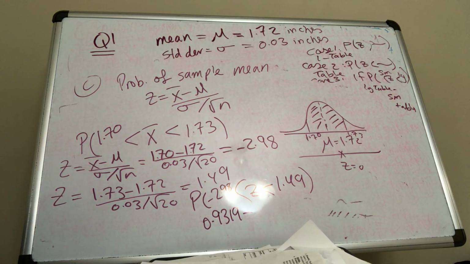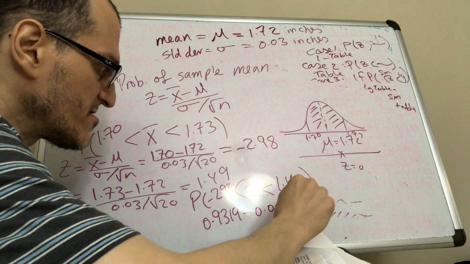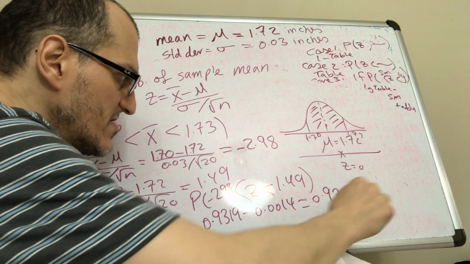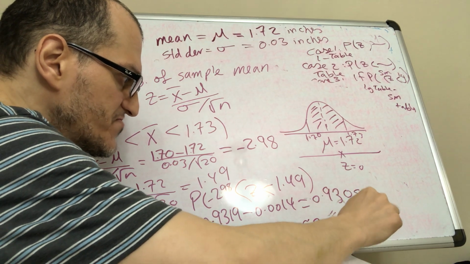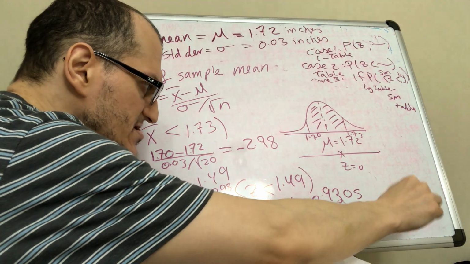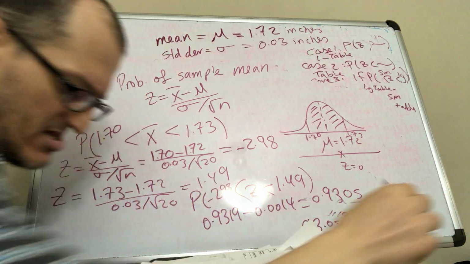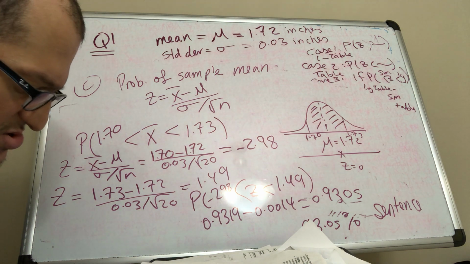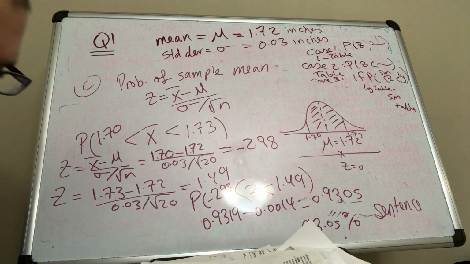Now we look for the small, minus 2.98, which would be 0.0014. And that gives 0.9305, about 93.05%. And you put the answer in a sentence. So you basically say the proportion of sample means between the two numbers is 0.9305. Good?